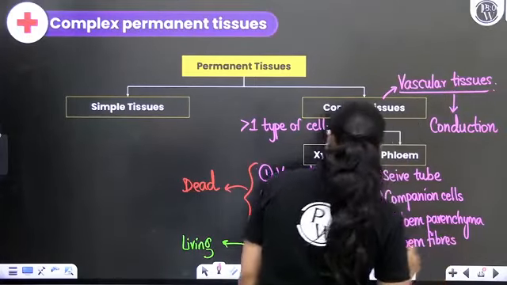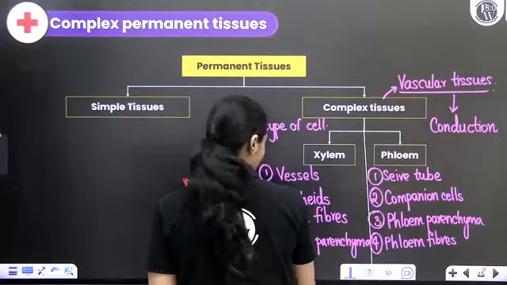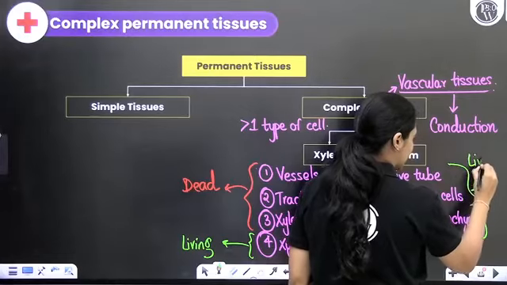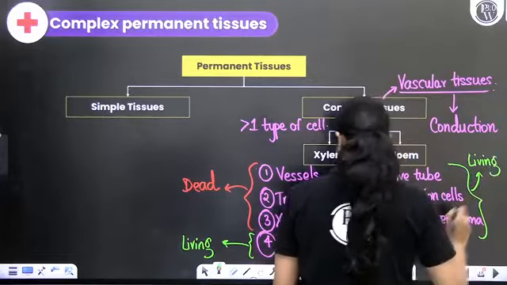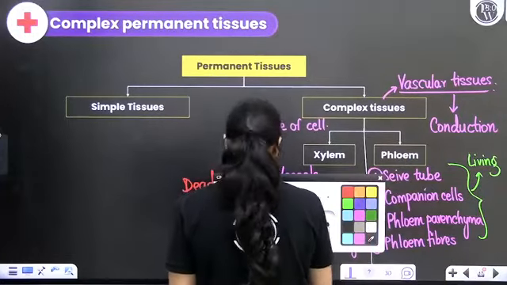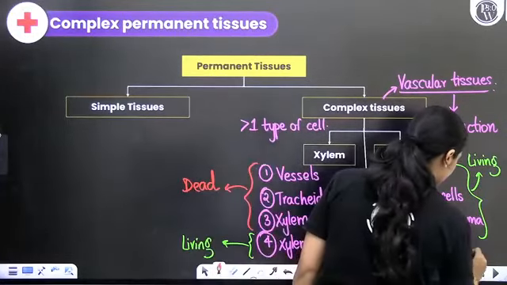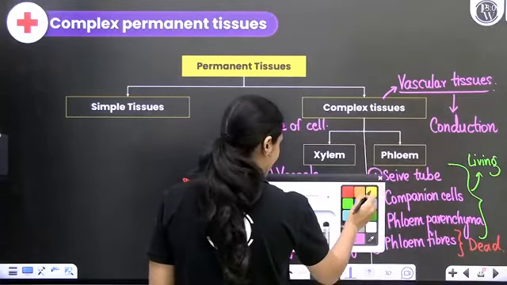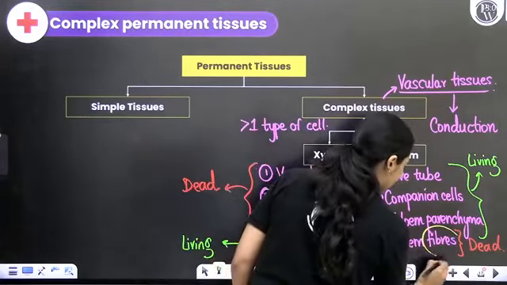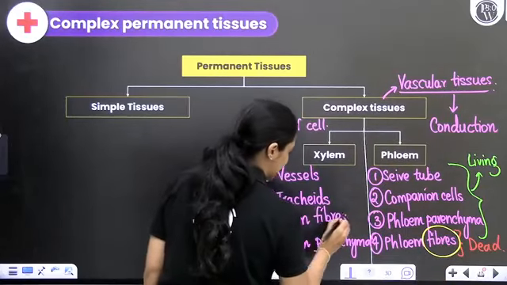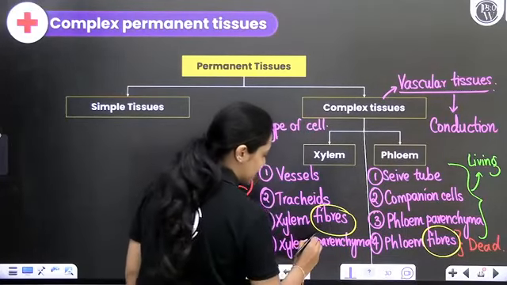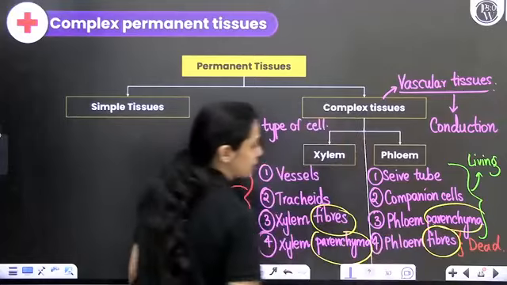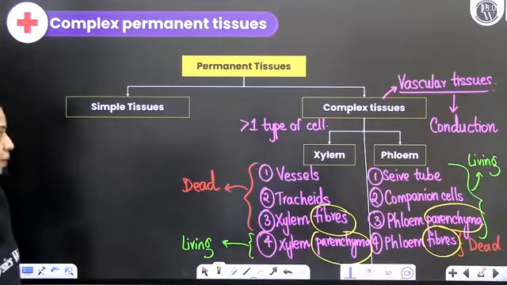Of these, 3 are living, 1 is dead. Fibers are present in phloem as well as in xylem. Parenchyma is present in xylem as well as phloem.